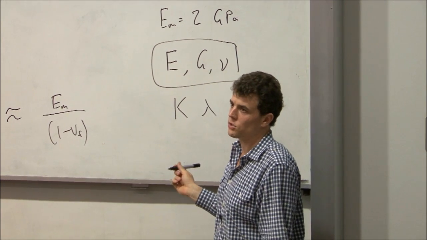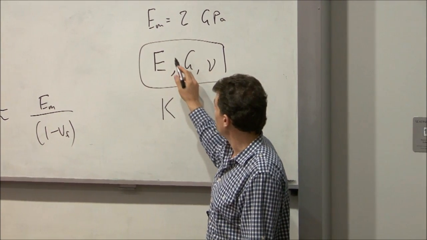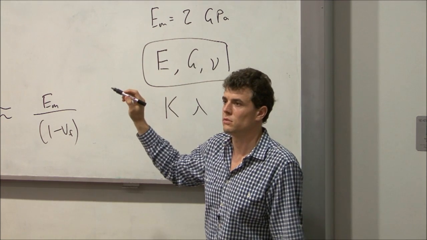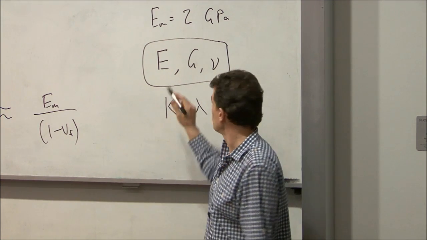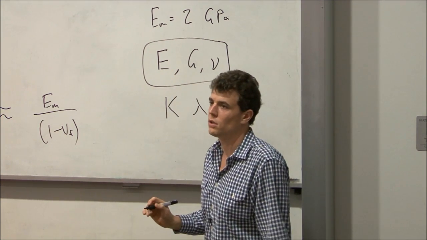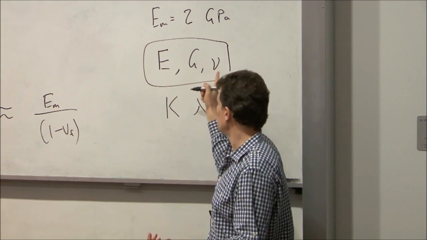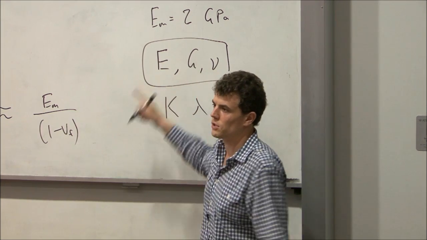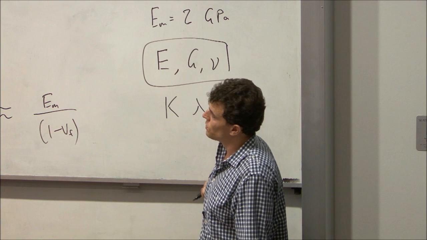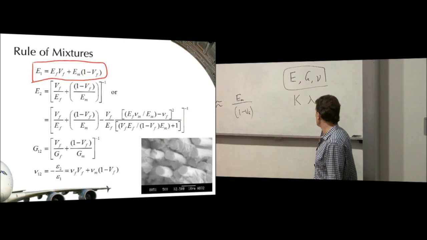But with an isotropic material, you really need two of these to define the problem. So if you've got E and you've got G, you can work out nu. Or if you've got E and you've got nu, you can work out G. Whereas with composites, you need all three defined independently because they're anisotropic.